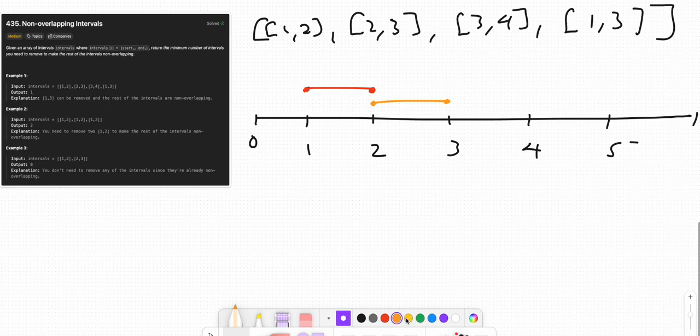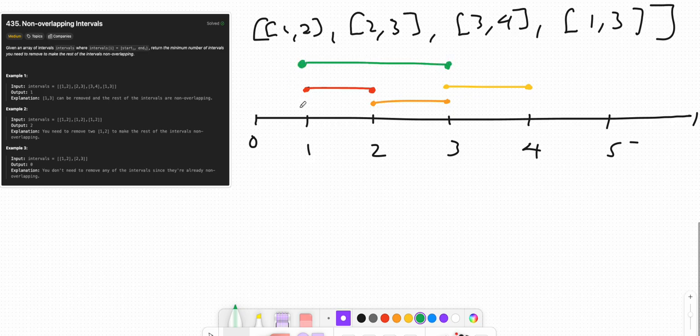So we have 3 going up to 4. And then the last one is 1 to 3. So the last one is 1, 2, 3. So let's take a look at that. 1 goes all the way here and goes to 3.